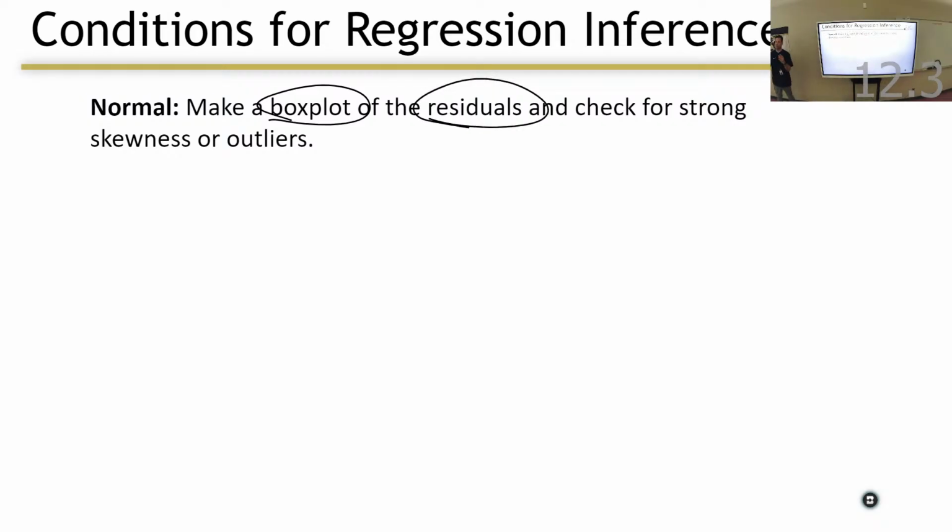We want the residuals to look approximately normal, or non-skewed with no outliers. Again, homework questions, not a test question. Maybe AP, but if it is, it's a very, very small amount. Okay?